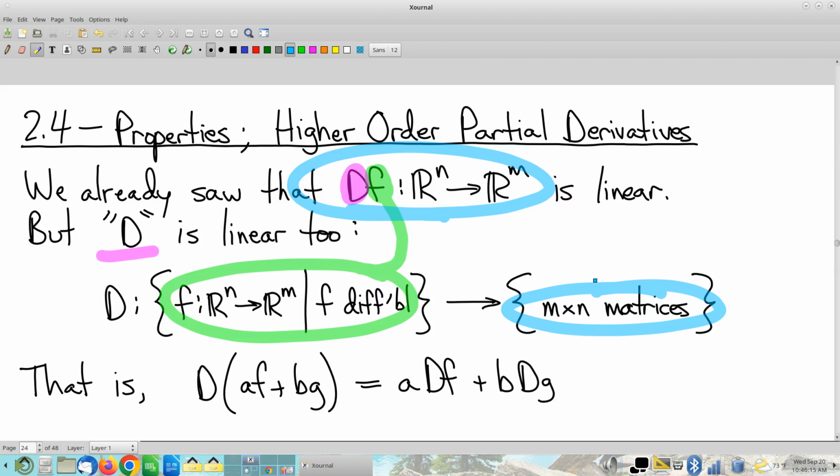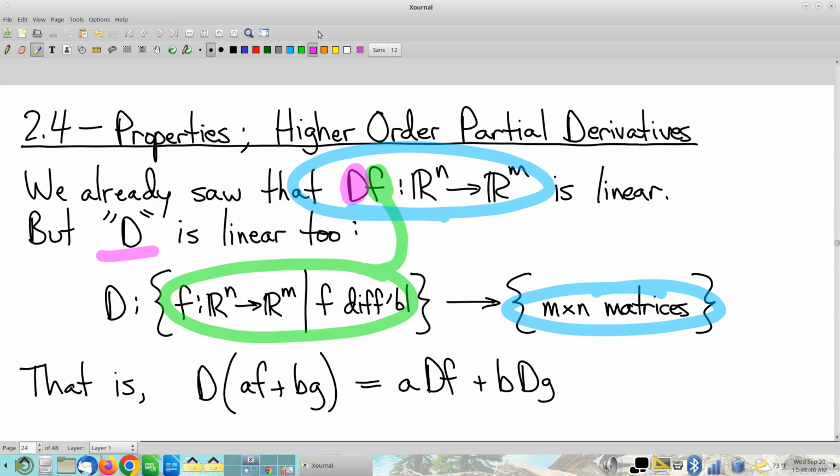Totally different statement. Does everybody see the distinction I'm talking about here? So D now is, I'm claiming, a linear transformation from the vector space of differentiable vector valued multivariable functions into the vector space of m by n matrices. All right, so that's a substantial statement.